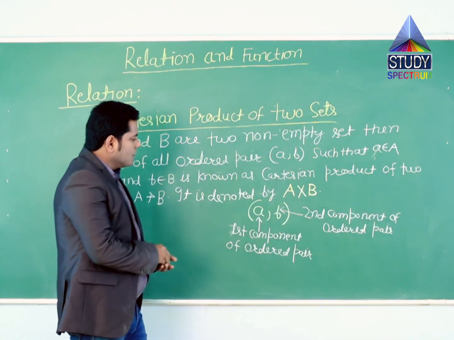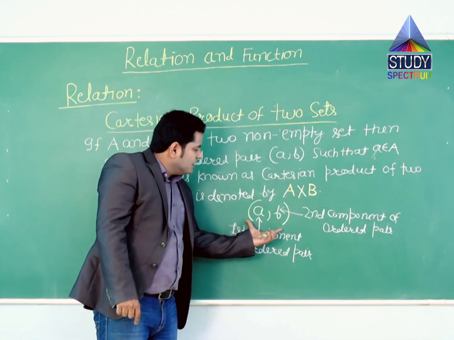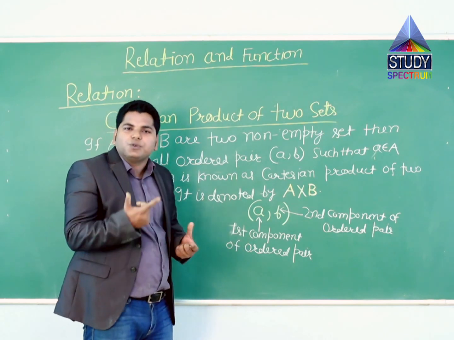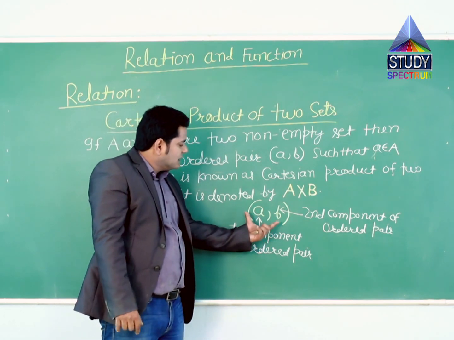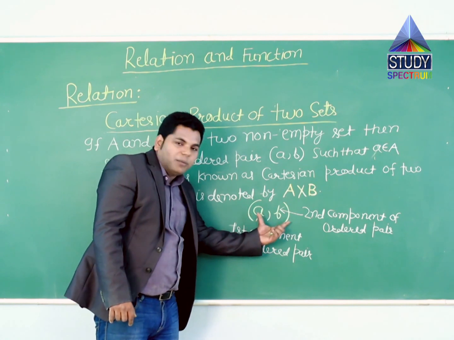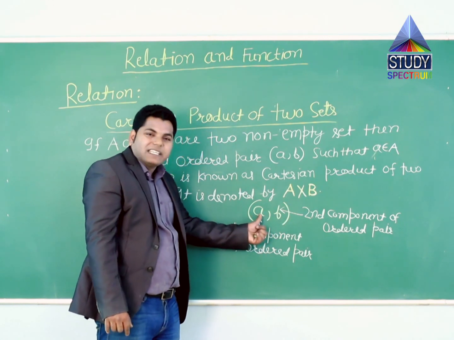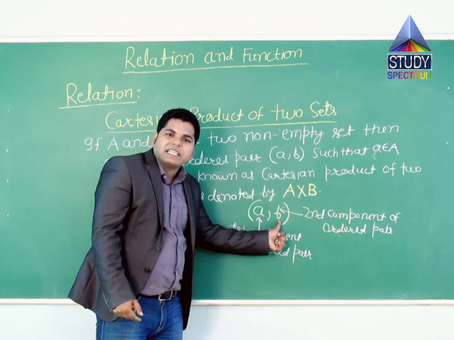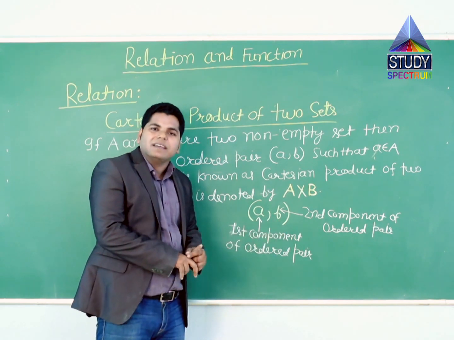Okay, so the Cartesian product of two sets A cross B is the set of all ordered pairs (a, b), where a is taken from set A and b is taken from set B.